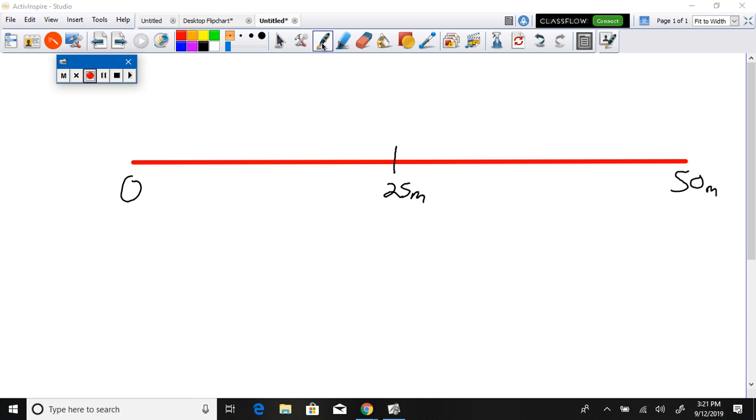So you have person A that was down here, and you had person B that was down here. Person B only had to walk 25 meters.